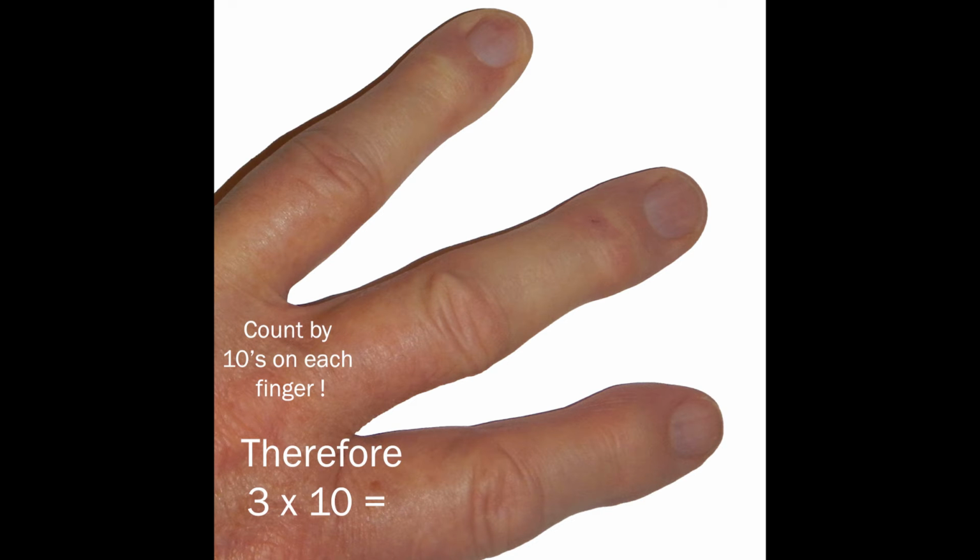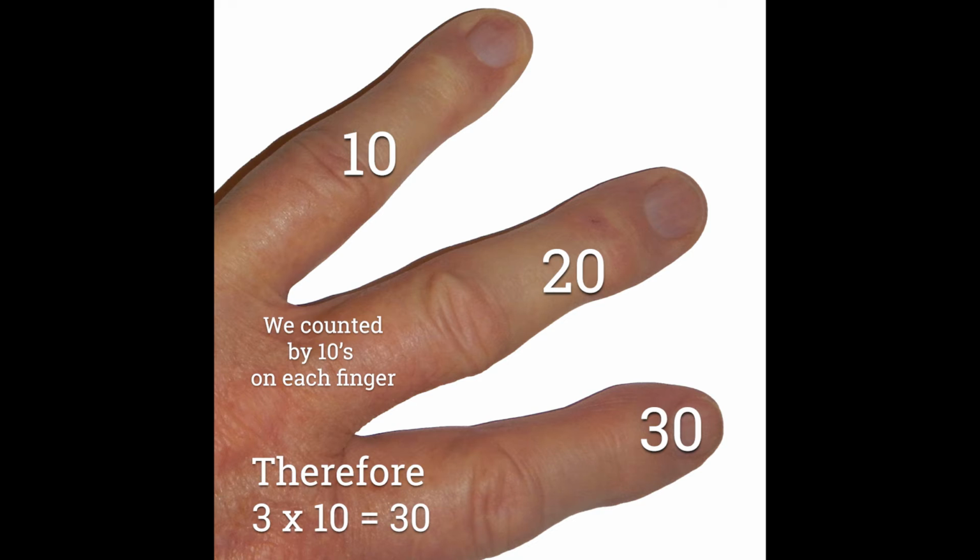Count by tens on each finger. Therefore, 3 times 10 equals, what did you get? Check your answers. 10, 20, 30. We counted by tens on each finger. Therefore, 3 times 10 equals 30.